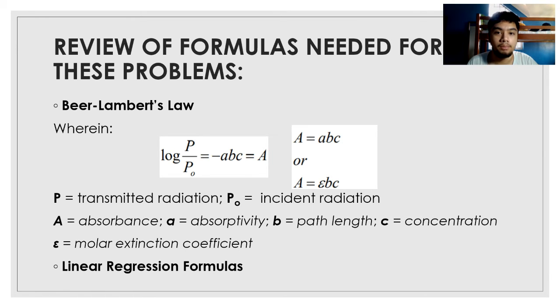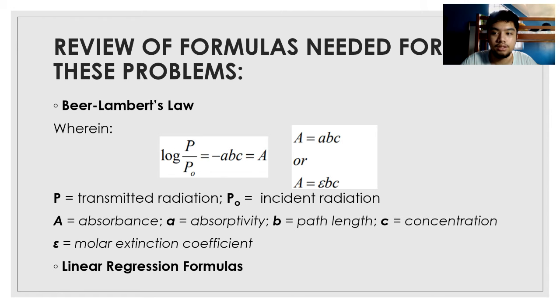So the Beer-Lambert's law consists of the logarithm of transmitted radiation over the incident radiation, which is equal to the negative ABC, wherein a is denoted by the absorptivity, b is denoted by path length, and c the concentration. And then the ABC is equal to capital A, wherein the capital A is denoted by the absorbance.